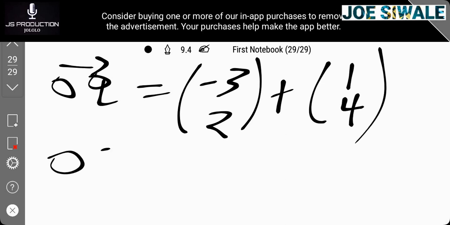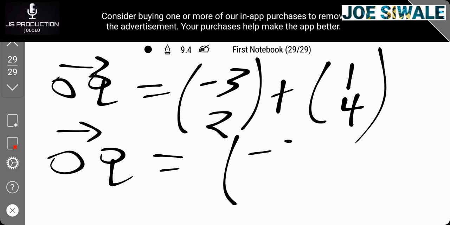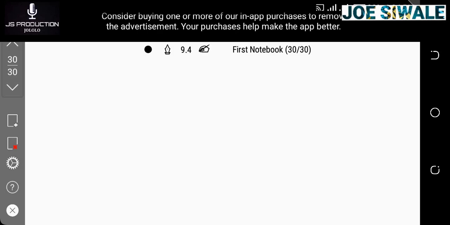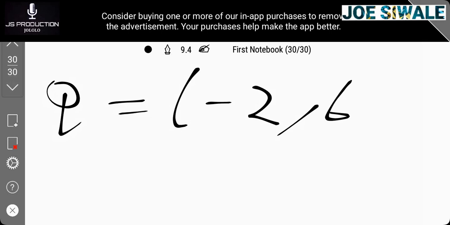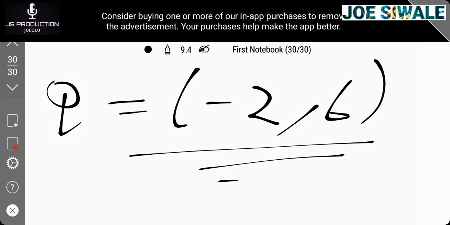So vector OQ is equal to -3 plus 1, that's -2, 2 plus 4, that's 6. So I can say the coordinates of Q, that's (-2, 6). So these are the coordinates of Q.